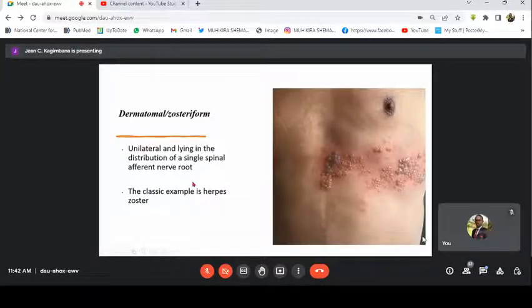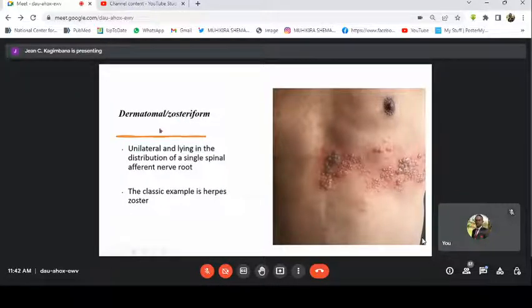Distribution, you see, this is herpes zoster, zona. It follows dermatomal distribution, unilateral and lying in the distribution of a single spinal afferent nerve root. Okay, it starts here, then it follows this spinal afferent root. You see, this is typical for herpes zoster or zona.